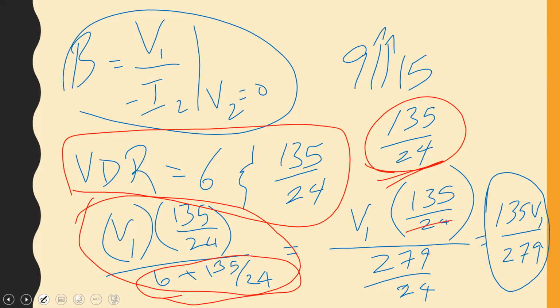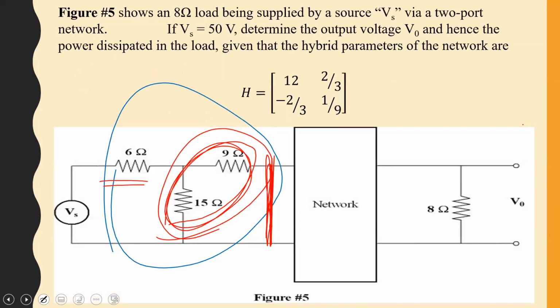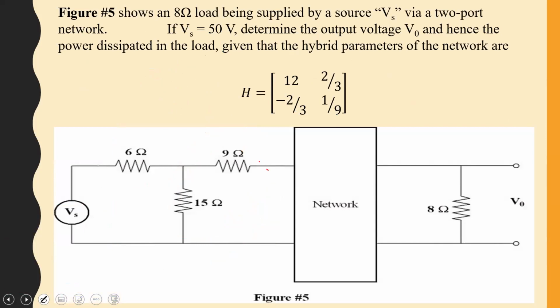So we can get rid of the 24s. So I get 135 V1 over 279. This is equal to the voltage across the parallel section. So I2 would be the current through the 9 ohm.